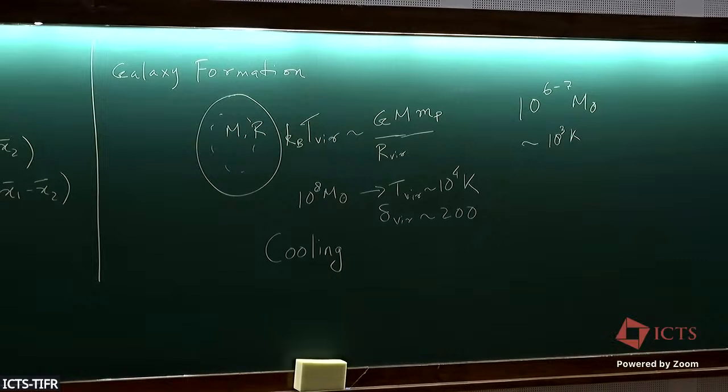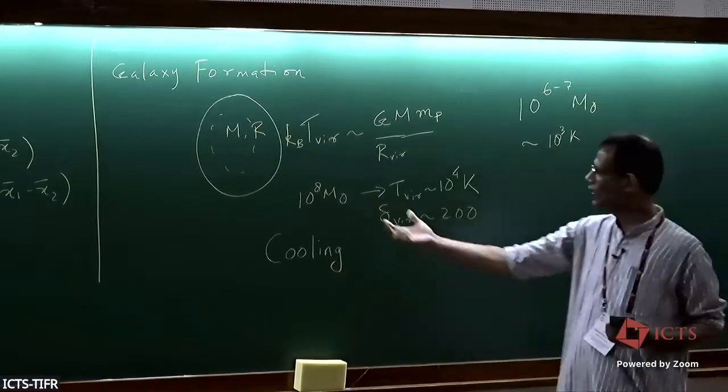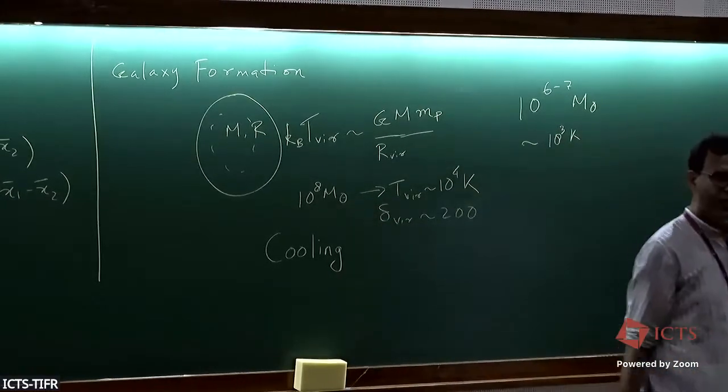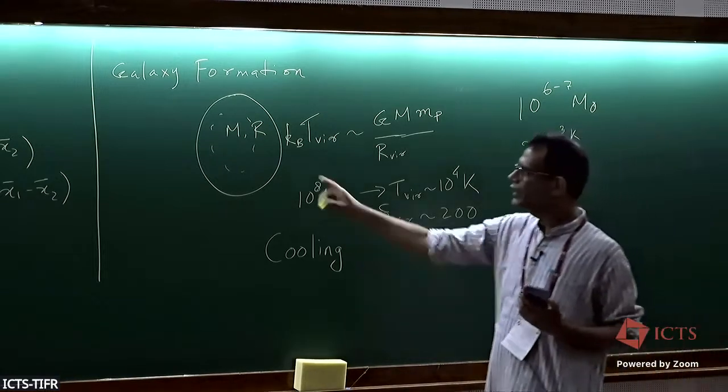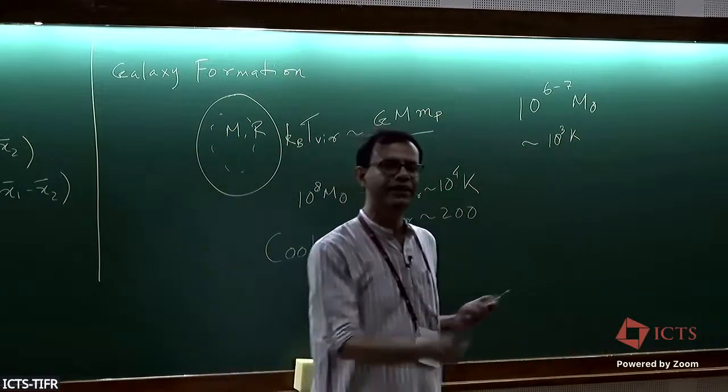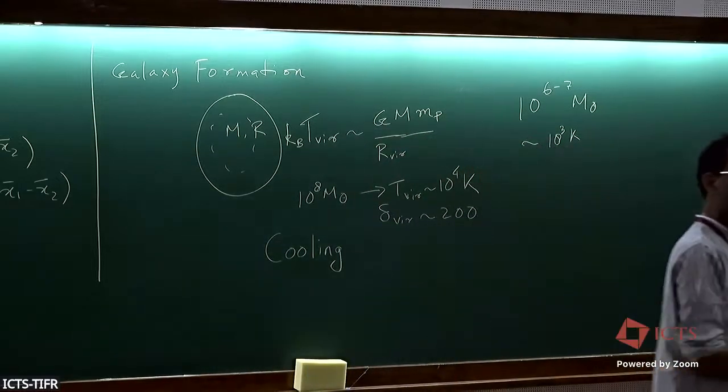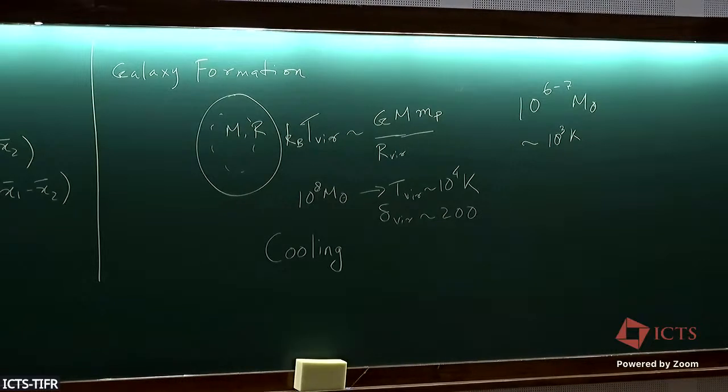So you see the first condition already. If the gas is made up of hydrogen, you need it to be above some value to start the cooling. And cooling is the first necessary condition. For people who study the first stars, this is a big problem, because in the early universe, when no stars have formed, there is no metal pollution. There is no carbon, no oxygen, no higher order elements.